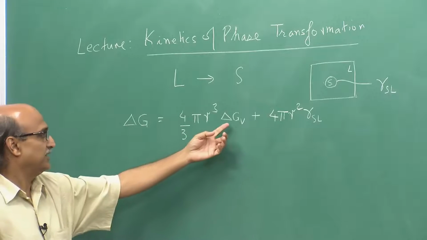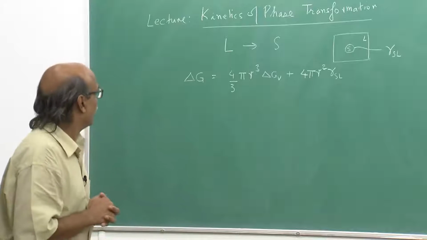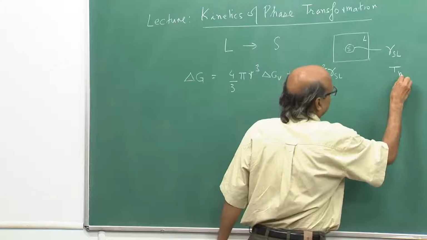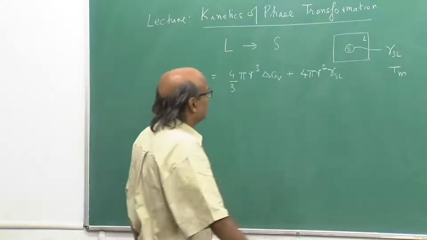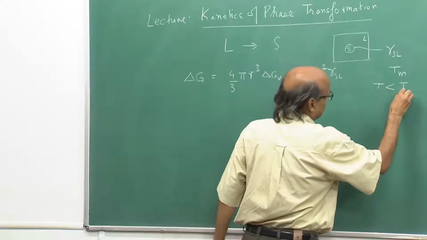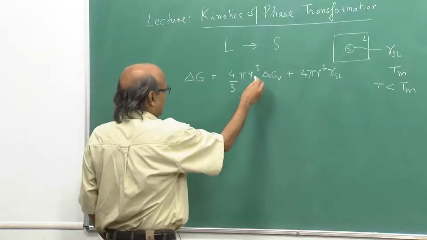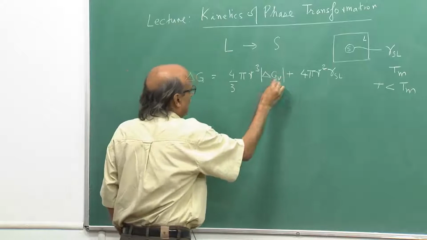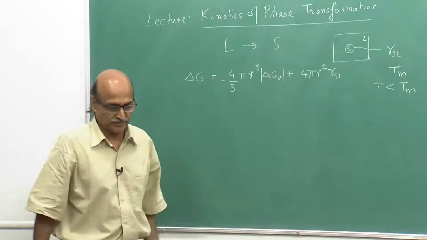However, delta GV would be negative if the temperature is below the transformation temperature. So, for example, if Tm is the transformation temperature for liquid to solid transformation, then delta GV would be negative for T less than Tm. I can write this equation slightly differently by taking the absolute value for delta GV and putting a negative sign here to clearly indicate that the first term is negative.